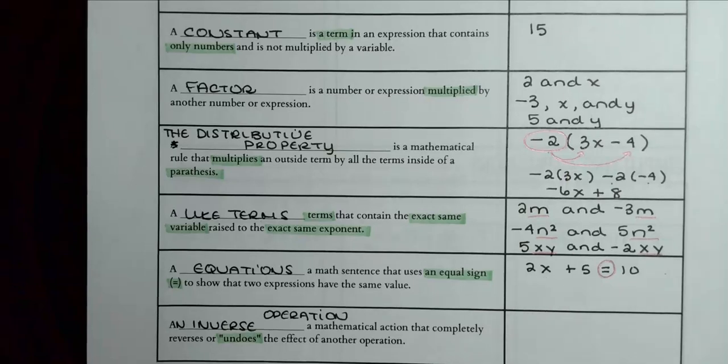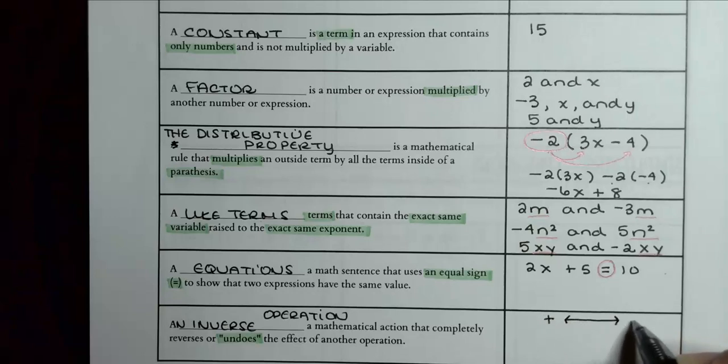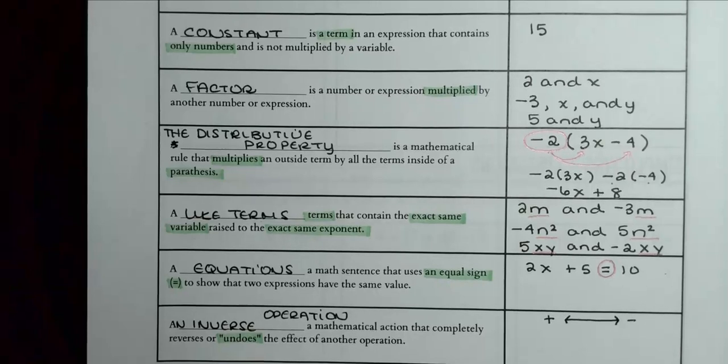All right, inverse operations right here is a mathematical action that completely reverses or undoes the effect of another operation. When you hear the word operation in math, we're talking about what we can do to numbers, like adding, subtracting, multiplying, and dividing. Some of those operations have opposites. If I say addition, the only way to undo addition is to use subtraction.